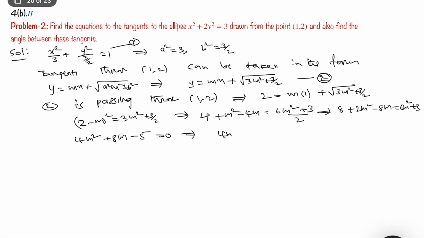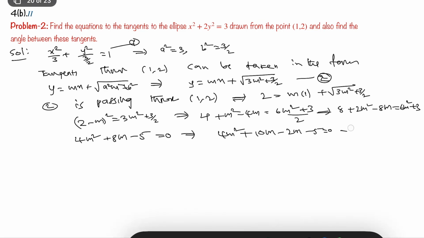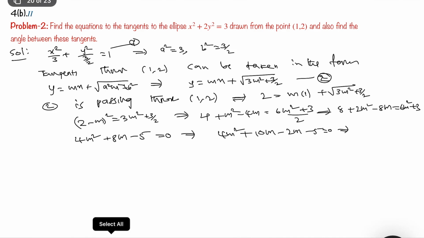Then I can write 4m square, this 8m let me write like 10m minus 2m minus 5 equal to 0. Then if I take a 2m common, then we have 2m plus 5, minus 1 common, 2m plus 5 equal to 0.